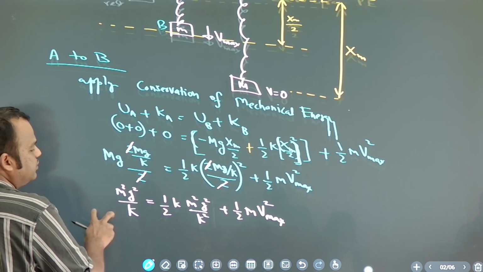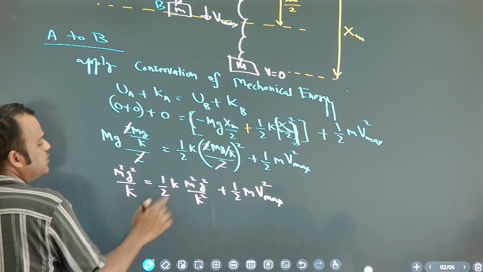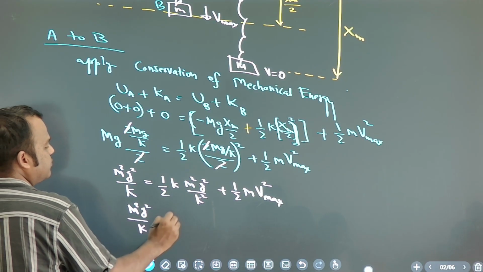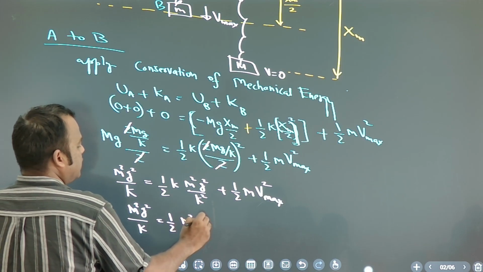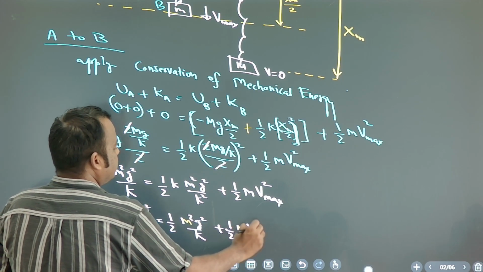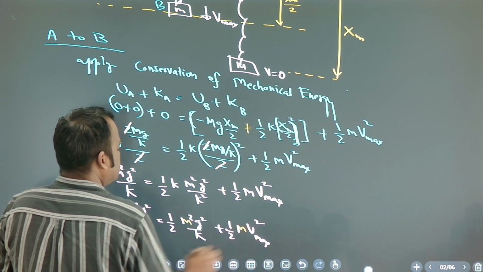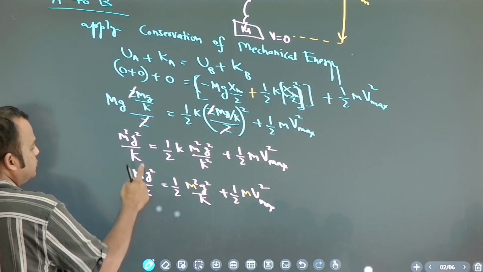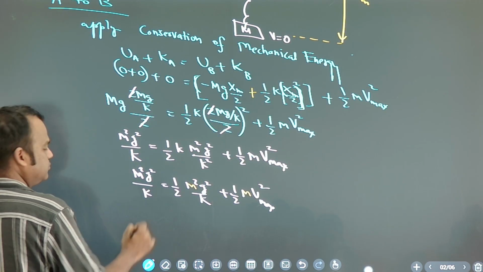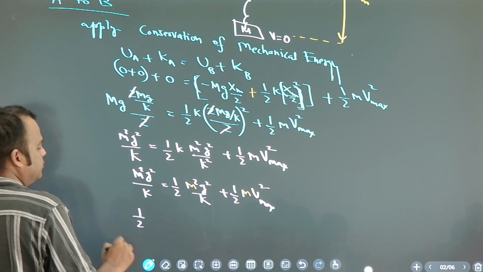Okay, clear? Now k cancel. M square g square by k is equal to half m square g square by k plus half m v max square. Now you take this left side, 1 minus 1 by 2, so 1 by 2.